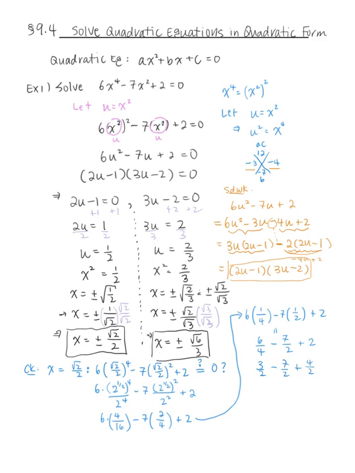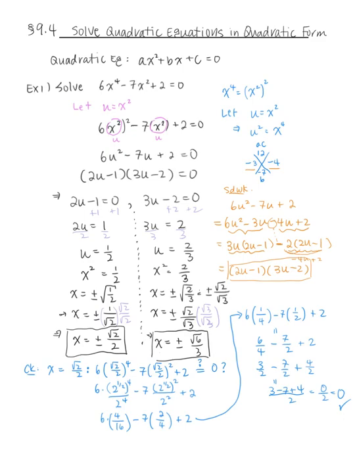3 minus 7 is minus 4, so let me just show every step. 3 minus 7 plus 4, whole thing divided by 2. All right, ready? So, 3 minus 7 is minus 4, minus 4 plus 4 is 0 over 2, which will give us 0 back. So square root of 2 over 2 is our solution.